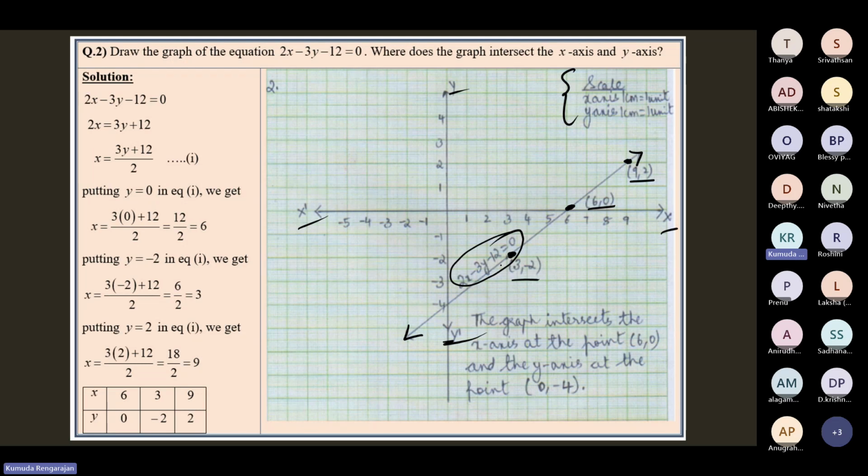In the introduction to this chapter, we understood that a linear equation in two variables x and y is represented by a straight line in the Cartesian plane, and it has infinitely many solutions.